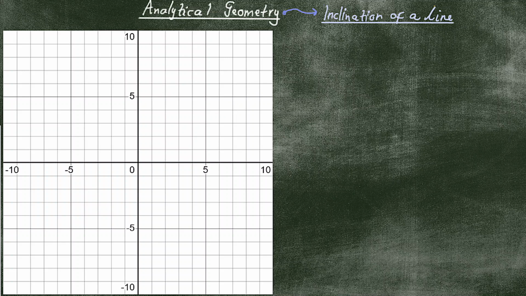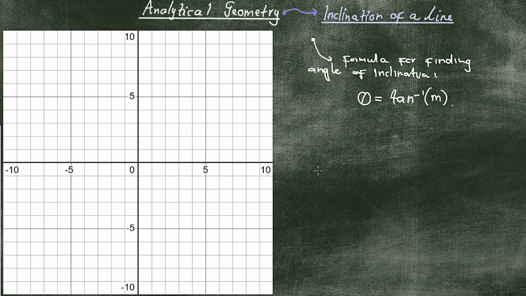All right, so before we even do our calculations, I want to show you the formula for calculating the angle of inclination. The angle of inclination is taken as theta equals arctan of the gradient of that line, right?